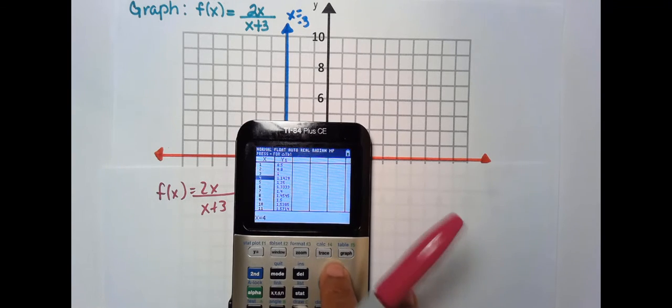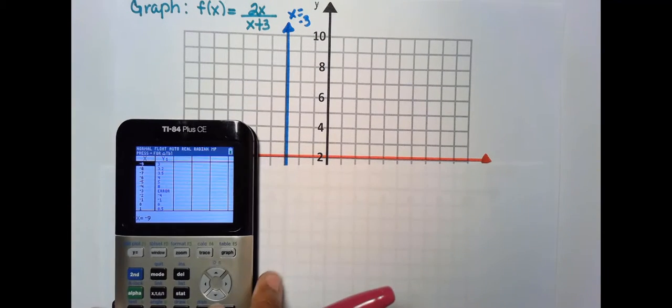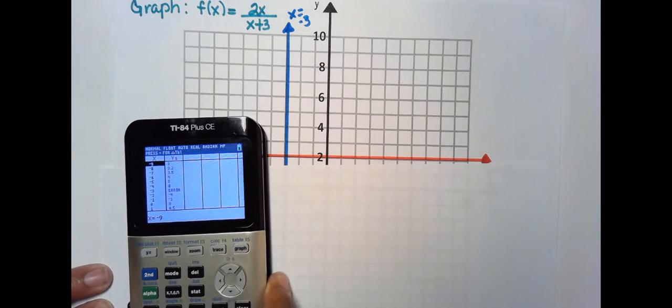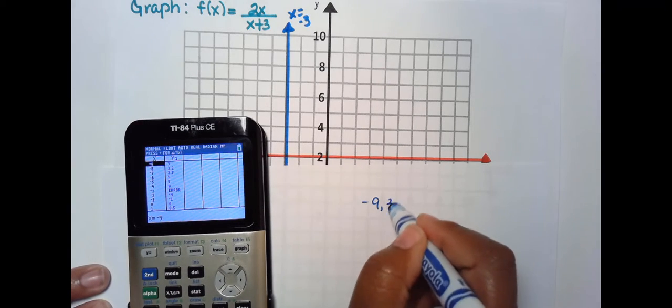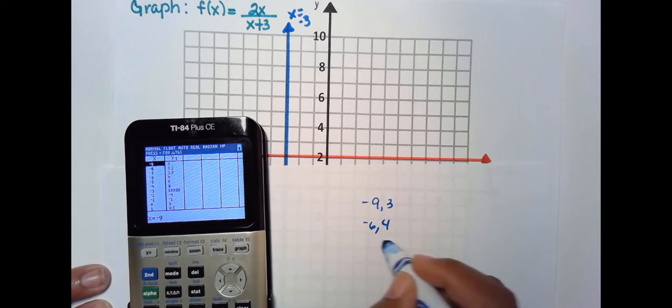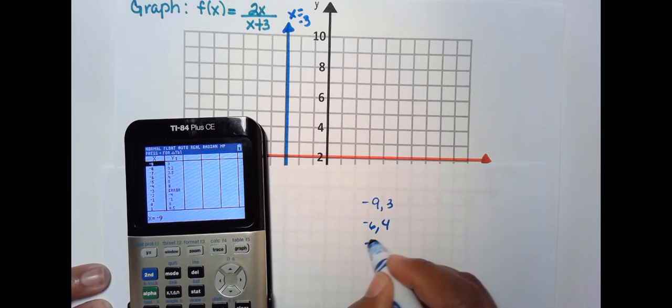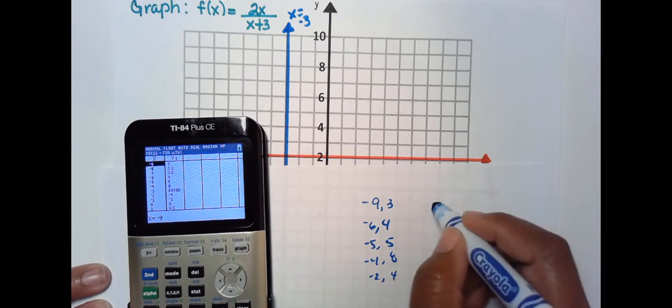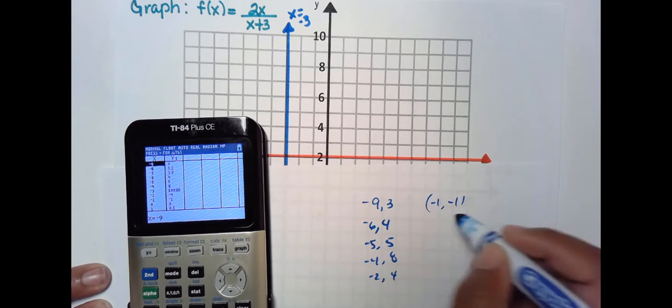All right, so let's find some points. Just for time's sake, we have some points here. I see (-9, 3). We have (-6, 4), (-5, 5), (-4, 8), (-2, -4), (-1, -1), (0, 0), of course.